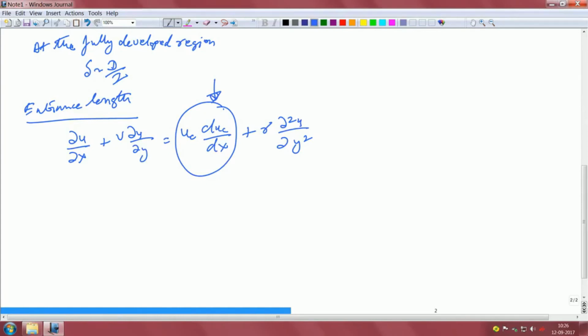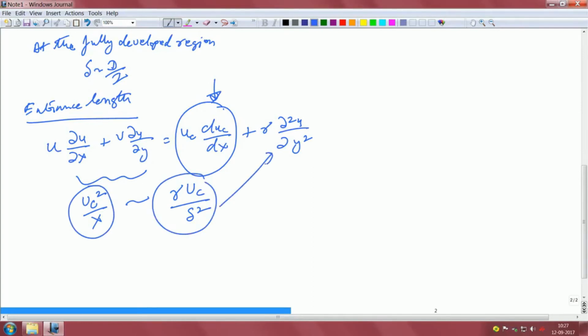Now we can do our standard scaling analysis on this. The first two terms in this series, ux square by x, is proportional to Uc square by x, and the second term will be that.